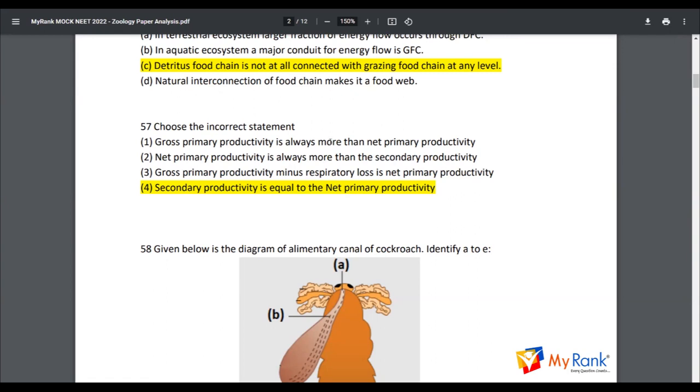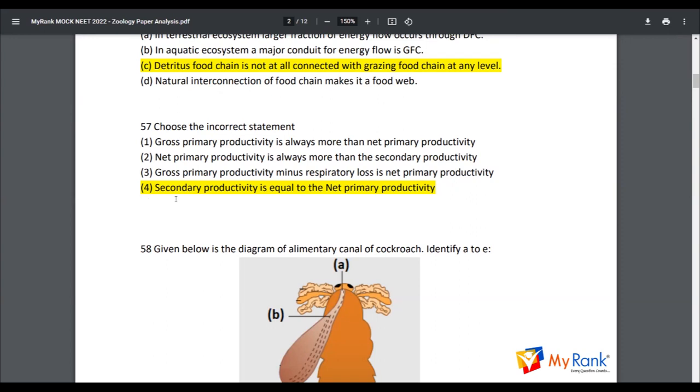Now, what is the common thing from here? Whenever the productivity moves from one level to another, there is always a reduction in the efficiency. Only 10% of it is moved to the next level. So primary productivity is more than secondary productivity. But coming to net primary productivity, it includes the reduction of respiratory loss.